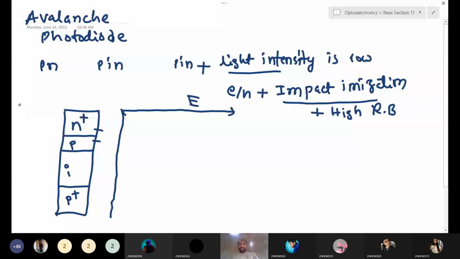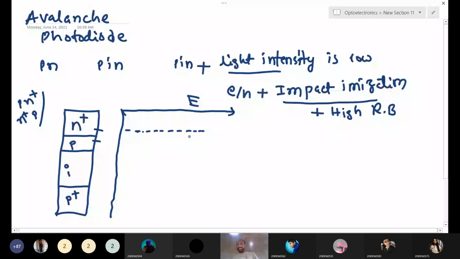So del dot E is equal to rho by epsilon, Gauss law, right? Del dot E is equal to rho by epsilon or epsilon naught, depending on the medium. Rho is the charge density, the electron charge and donor atoms.